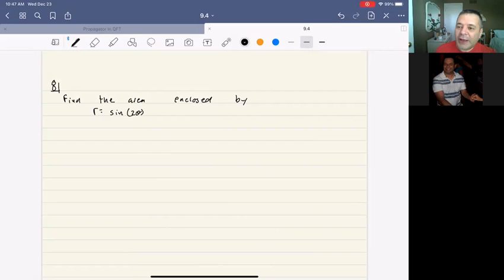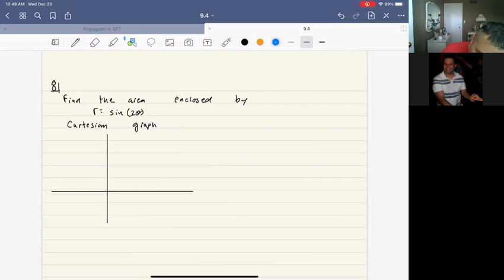So we're going to graph it. We're going to do the Cartesian graph first. So r equals sine of 2 theta. That has a period of pi, but we're going to do all the 2 pi. So we're going to go to 2 pi, but it has a period of pi because of the 2 theta, right?